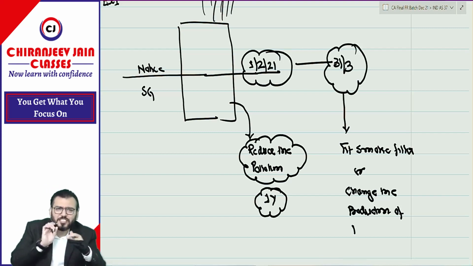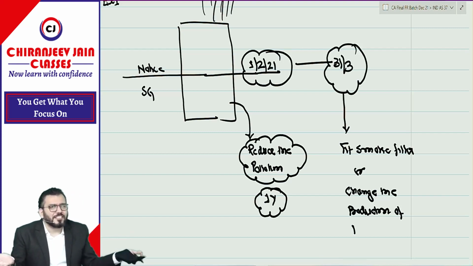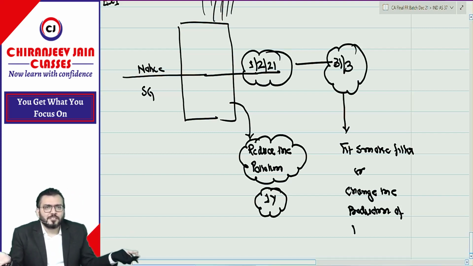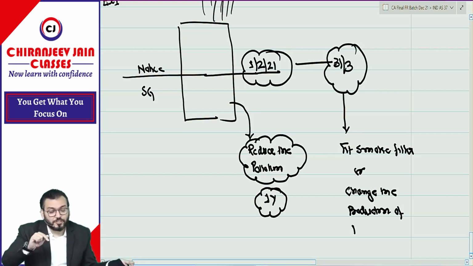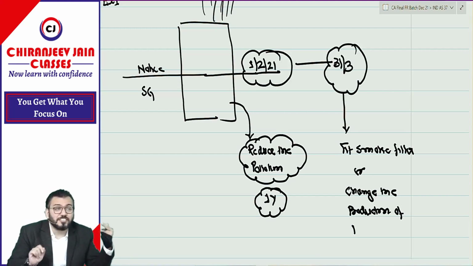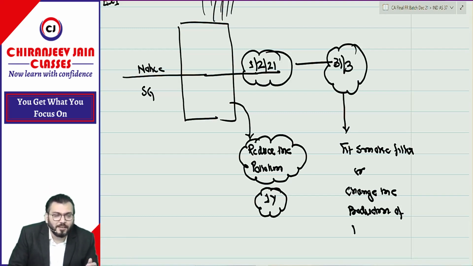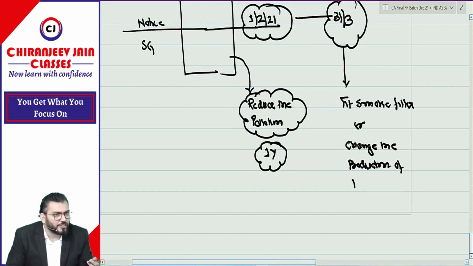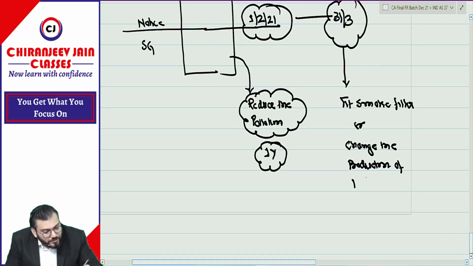Can I say if they change the production process, then there is nothing to do? But if they fit a smoke filter, then some expenditure is required. I hope you are understanding. Correct now? So change the production process.